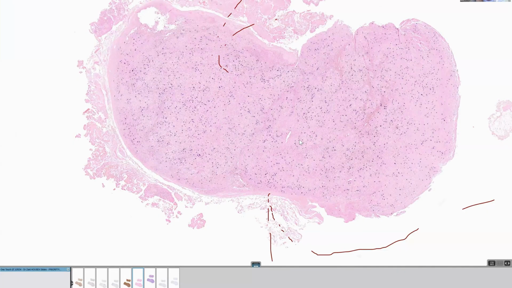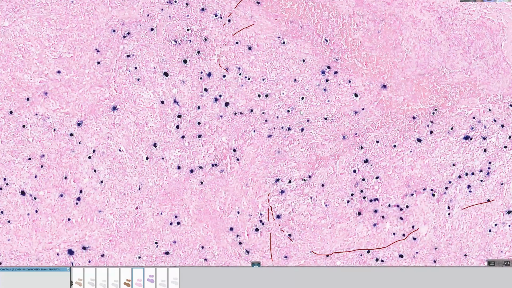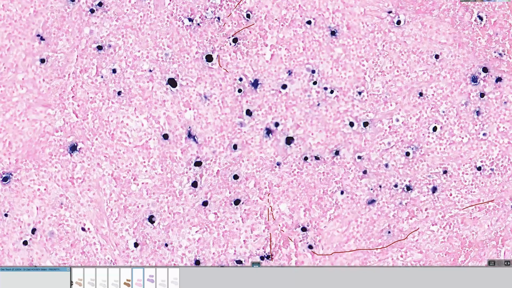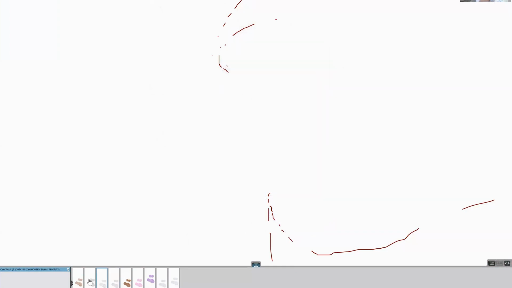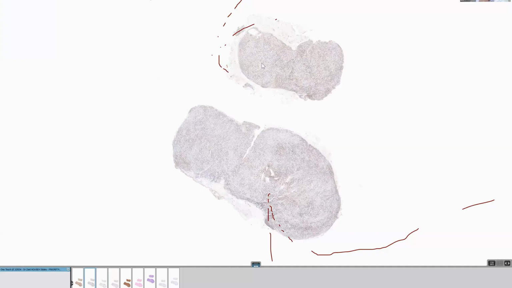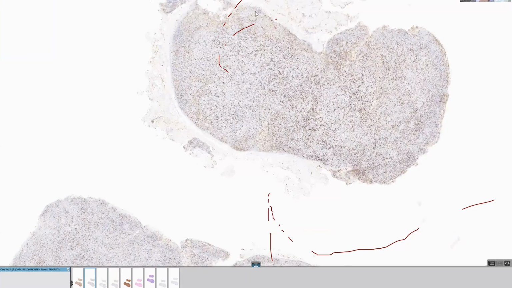And what you see here is the positivity in the larger cell population. Some small cell population in the background is acceptable, but the larger cells are the cells that are positive for EBV. And just for comparison, CD15 will be showing positive staining in the larger cells as well, confirming the diagnosis.